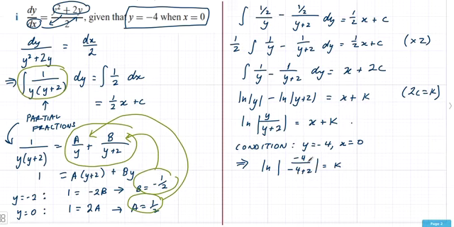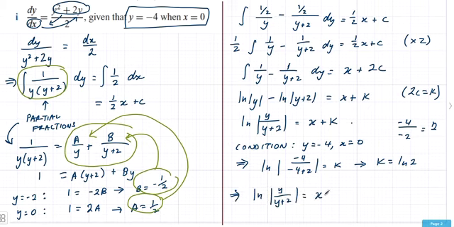In the bracket here you've got -4 over -4 plus 2, which is -2. So that is 2. And this implies then that k is log 2. You don't need the modular signs around that because it's positive. So to finish off, we've got log of y over y plus 2 equals x plus log 2.